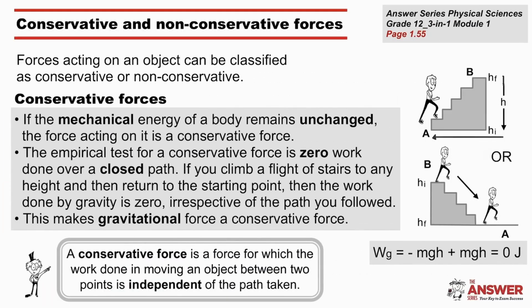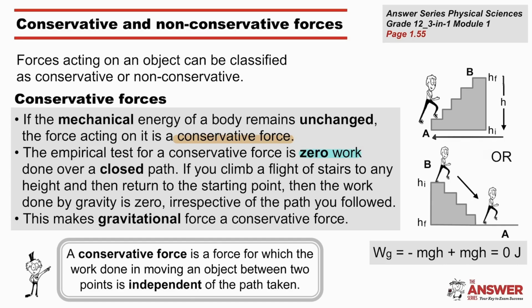If the mechanical energy of a body remains unchanged, the force acting on it is a conservative force. The empirical test for a conservative force is zero work over a closed path.